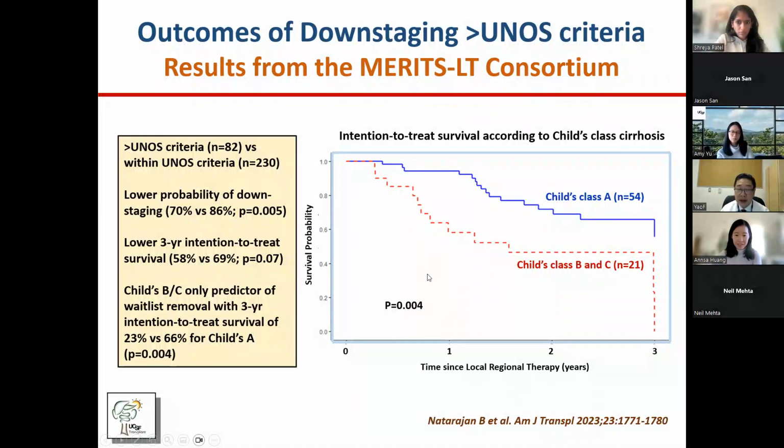And you can see here the 3-year intention-to-treat survival was only 23% versus 66% for those with Child A cirrhosis. So again, the same message: for those with decompensated cirrhosis, it may be unrealistic to even try to downstage these patients if the tumor burden is very high.